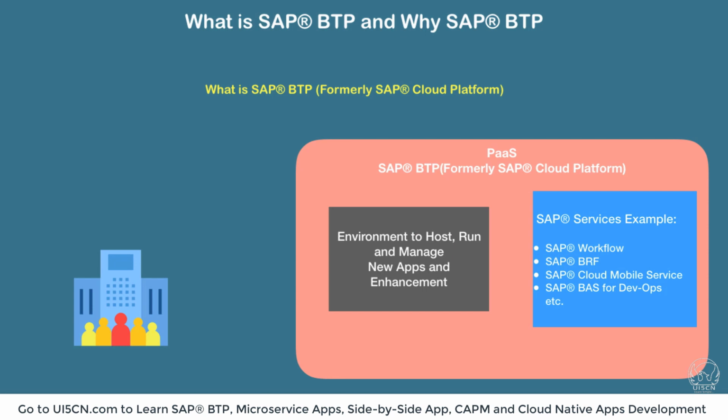One is the services which are provided by SAP, and the second is software which manages the environment to host, run, and manage applications for new enhancement. And the software by using which this environment is created are Cloud Foundry and Kyma.